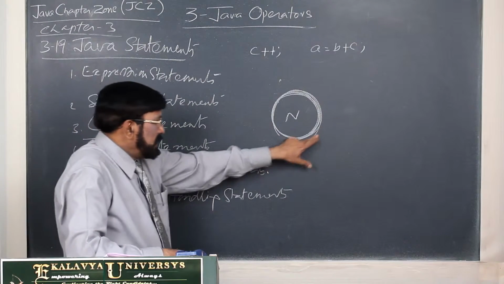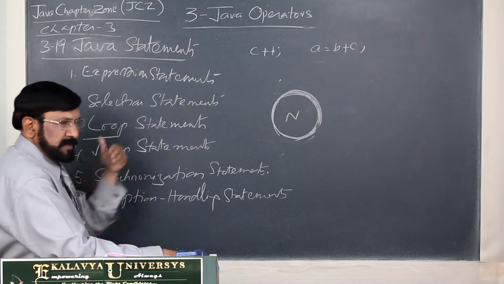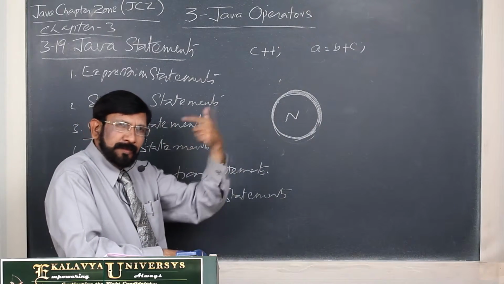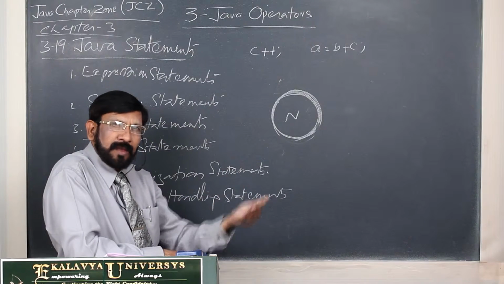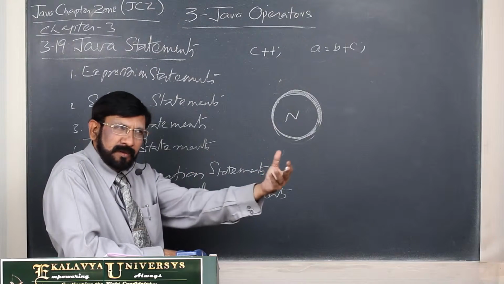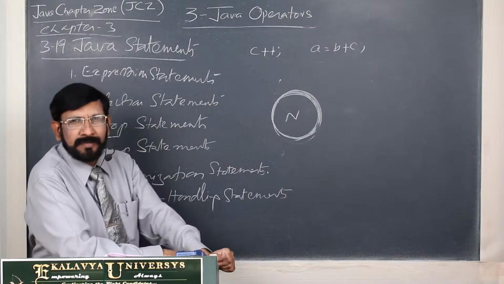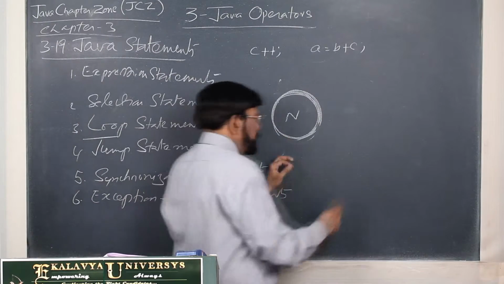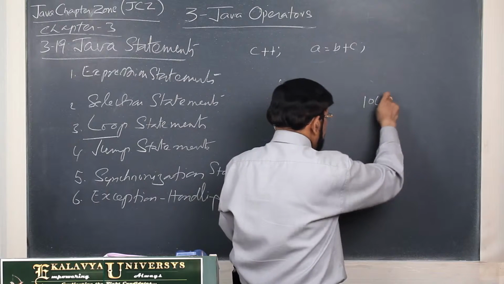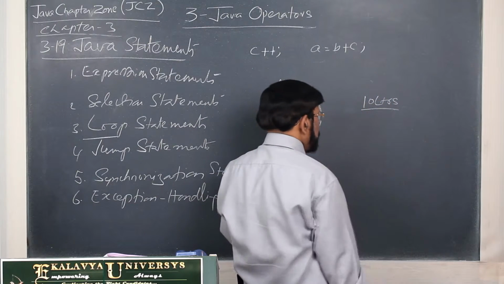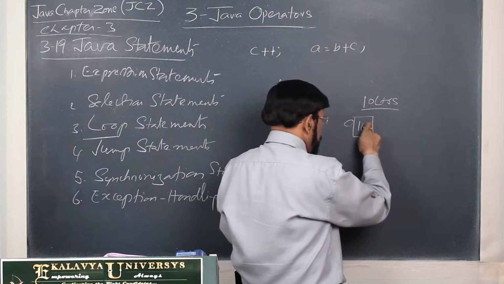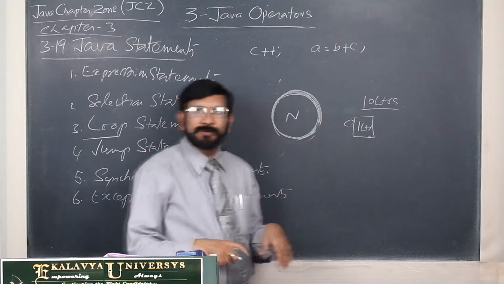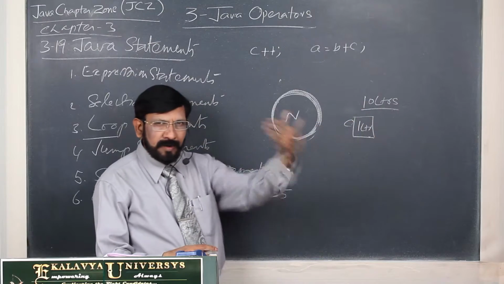Ultimately you can find out the total amount of interest. So for that purpose an action is to be repeated. Repeatedly we do that until we achieve the task. Suppose one more example I give you. 10 liters of milk you have to pour, and you have a 1 liter mug, a 1 liter vessel with you. Now what to do? 10 liters of milk you have to deliver.